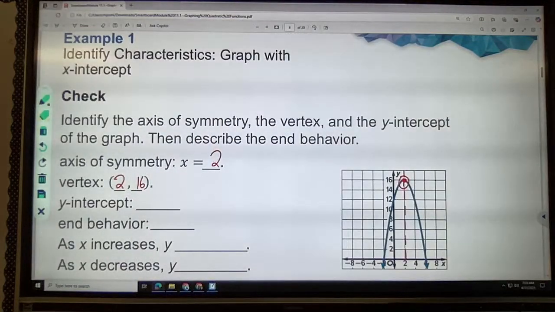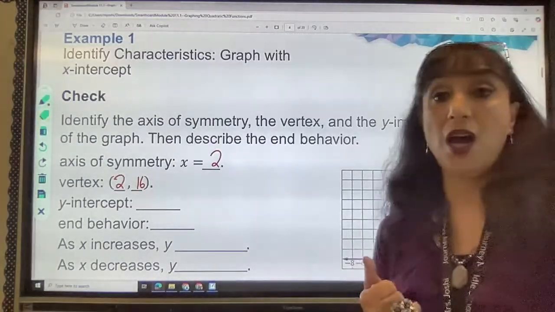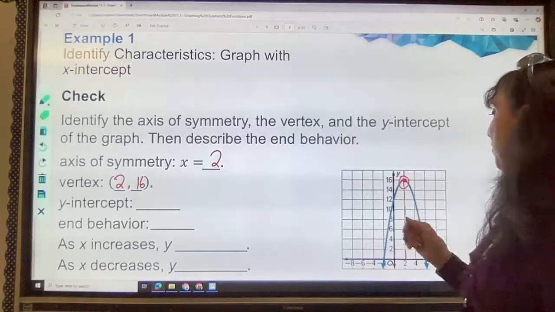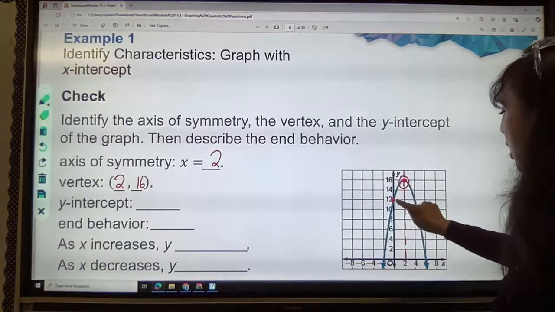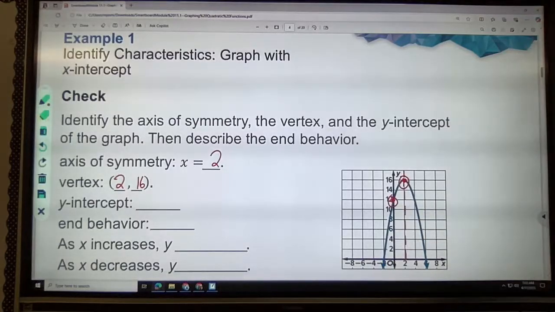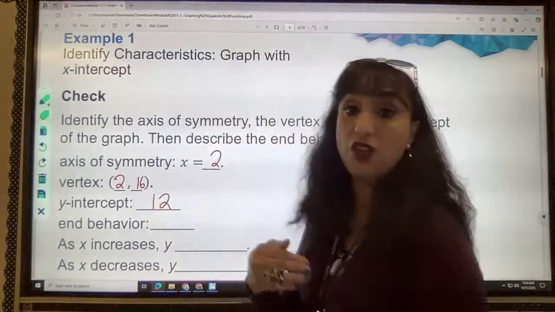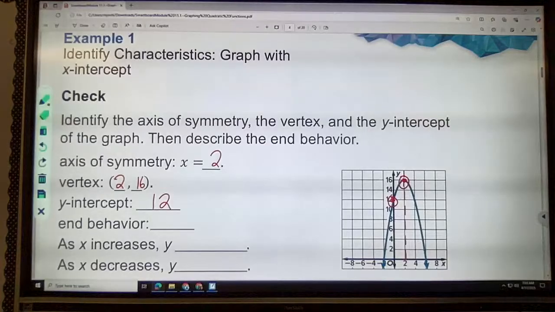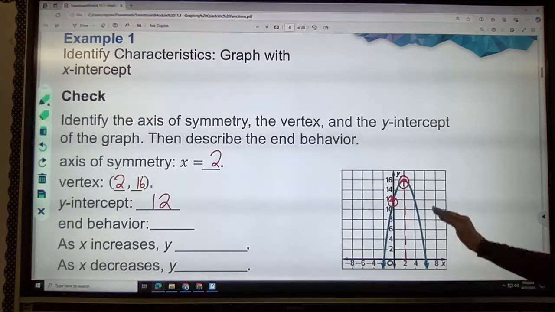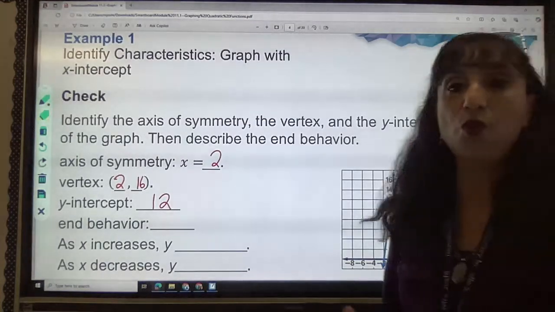Then you're going to look at where the y-intercept is. That is where the graph is intersected on the y-axis, which is over here. So the y-intercept is 12, because my ordered pair is (0, 12) for that one. Let's look at the end behavior. As x is increasing, what is happening to y?